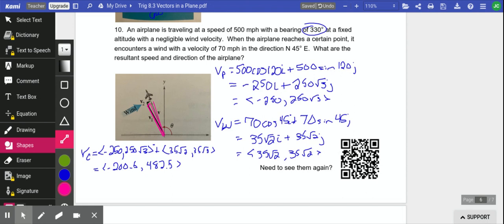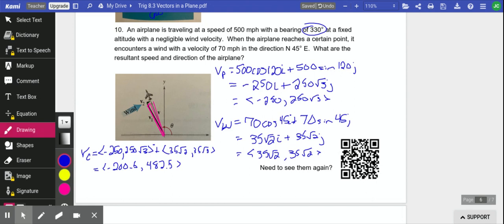Now, that is the vector, but that's not what the question was asking for. It wants to know the resultant speed and direction. Okay, so to find speed, speed is the magnitude. So we need to find the magnitude of this combined vector. So remember, that's just the distance formula. In this case, we can use that modified distance formula.